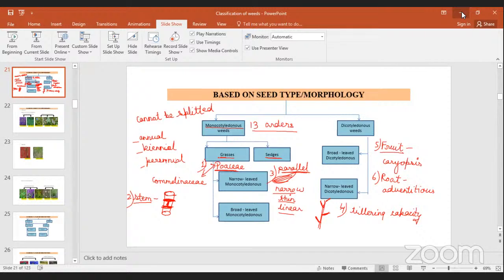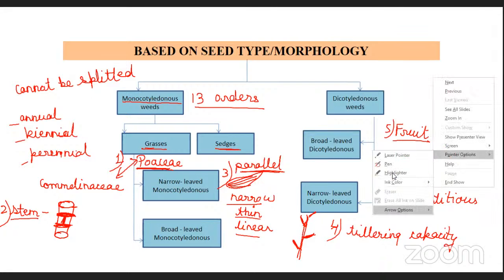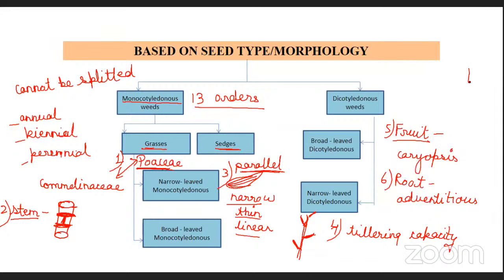It's correct, but the most important thing is if we talk about adventitious roots and the taproot system. Usually adventitious roots are shallow in depth, because they originate from the nodes, not from the first node but from the second node, and they are usually smaller in length.